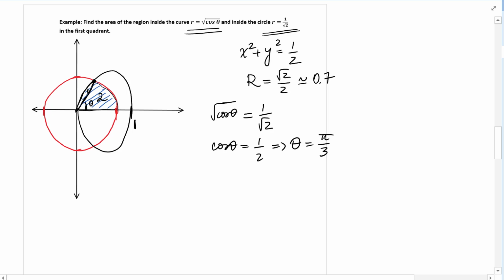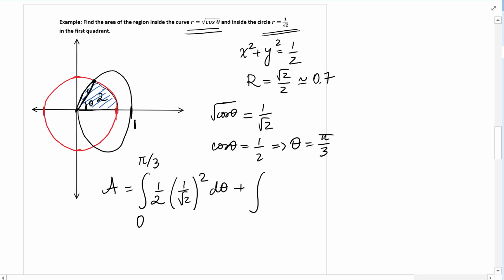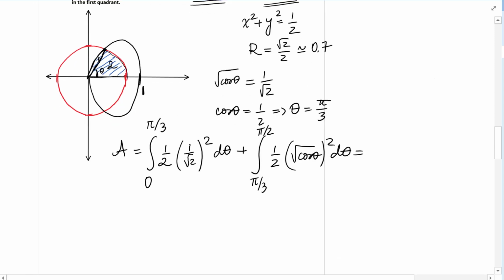So in other words, the area is the integral from 0 to pi over 3 of the red one, which is 1 over 2 times 1 over square root of 2 squared d theta, plus the integral from pi over 3 to pi over 2 of 1 over 2 times square root of cosine theta squared d theta. So let's compute this.